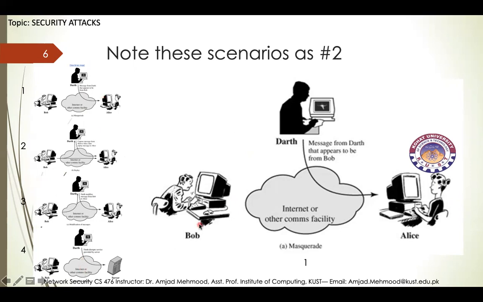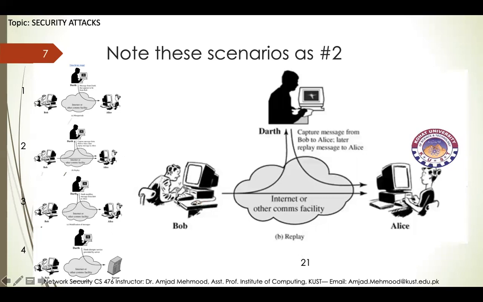You can see here Bob is in communication with Alice, but Darth is sending something to Alice on behalf of Bob, and Alice accepts the information, considering that it was sent by Bob, when it was actually sent by Darth. This is normally called masquerade.